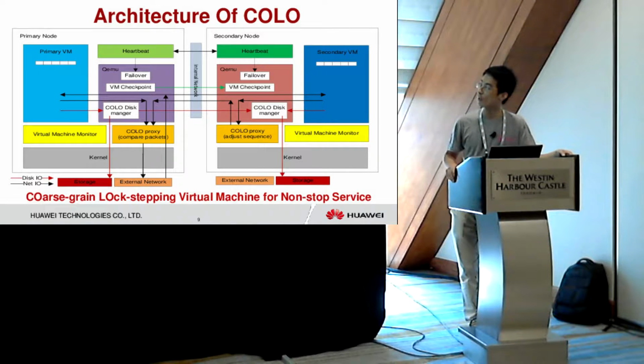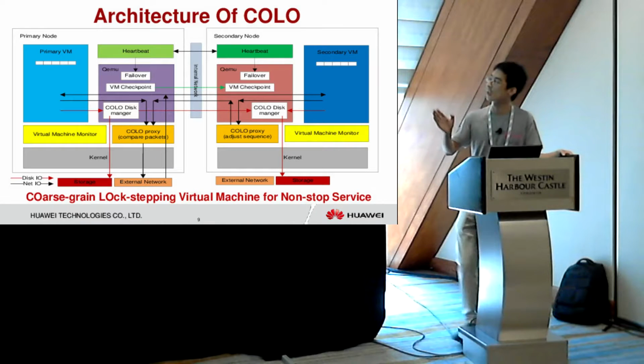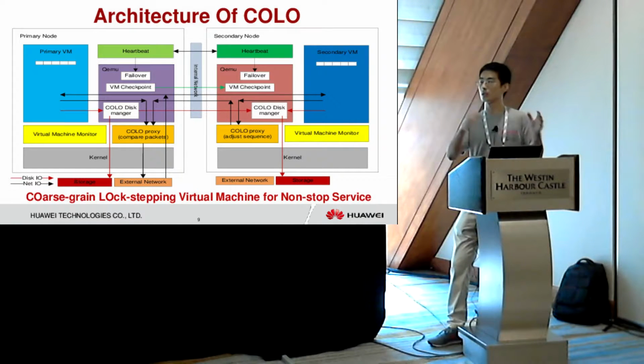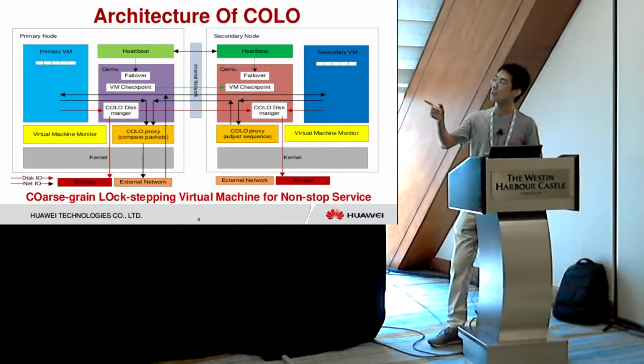The heartbeat components run on both physical nodes. They periodically check platform availability. So if there is a hardware fail-stop failure, they can detect it, and the secondary node will trigger a failover process so that the SVM will take over the service.